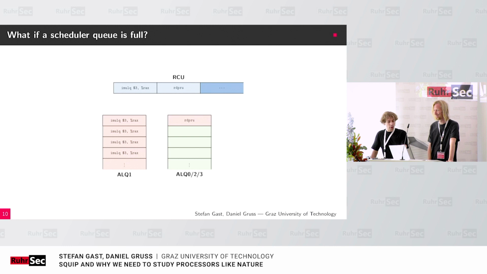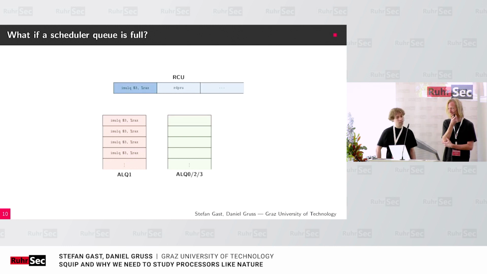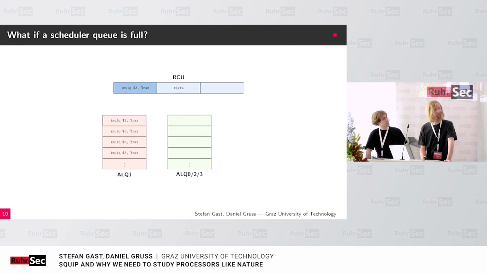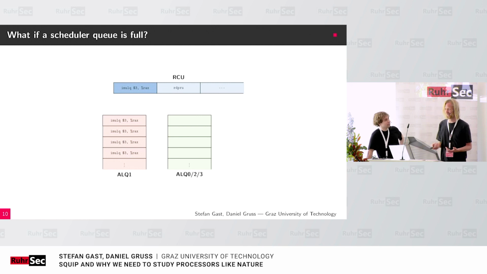But what about the other case? The other case, and probably the more interesting case, is what happens if the queue is already full? In that case, obviously the multiplication can't be forwarded to the scheduler queue. What does the processor do then? Well, what can it do? Stop.